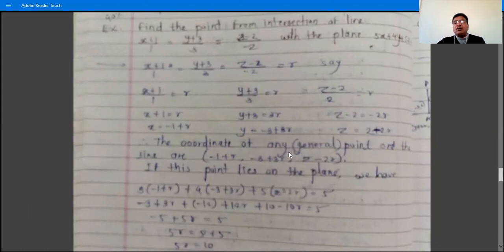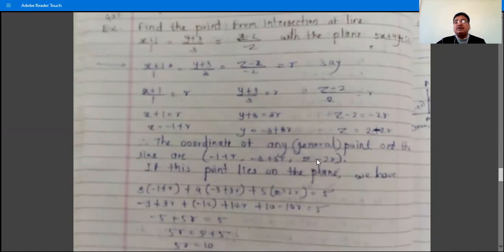So these are the coordinates of a general point on the line, with parameter r. Any point on this line has coordinates of this type: (minus 1 plus r, minus 3 plus 3r, 2 minus 2r), written in round brackets as the x coordinate, y coordinate, and z coordinate.